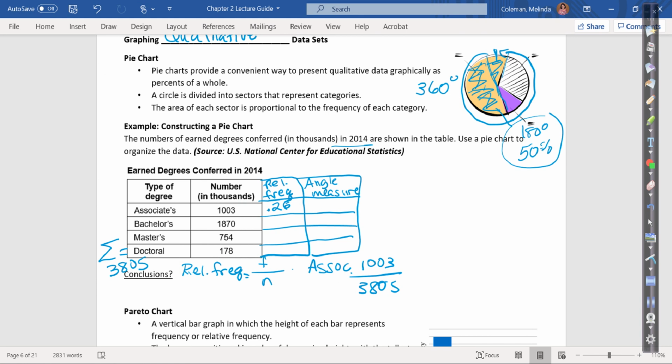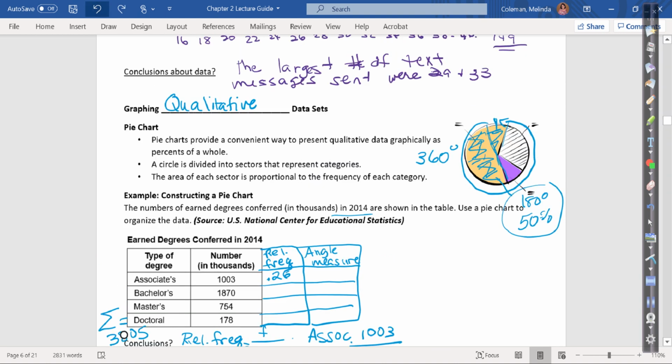Well, if we're looking at 0.26, then that's going to be about a fourth of the circle. It's about a fourth of the circle.